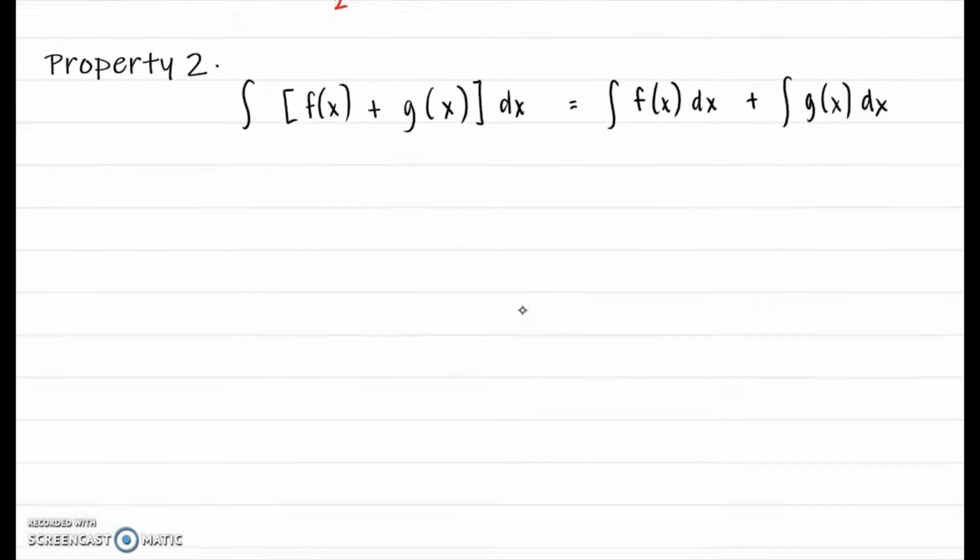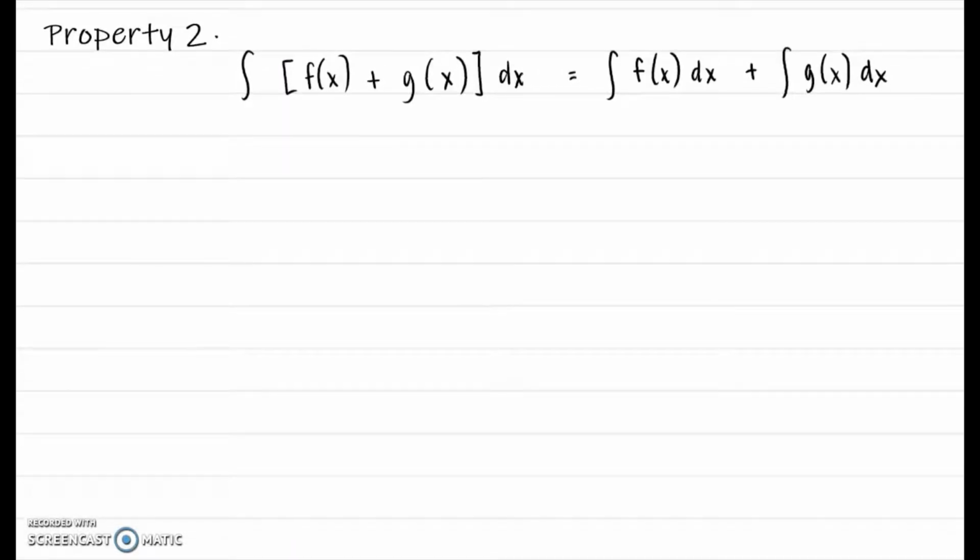Now let's go to property 2. So property 2 states that the integral of f of x plus g of x with respect to x is equal to the integral of f of x with respect to x plus the integral of g of x with respect to x. So let's have an example.